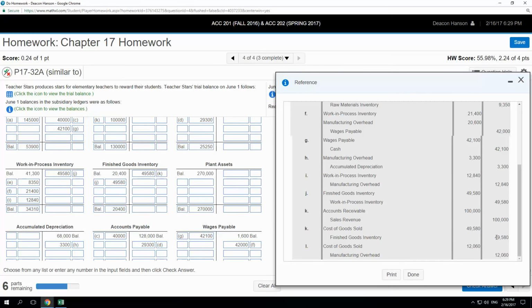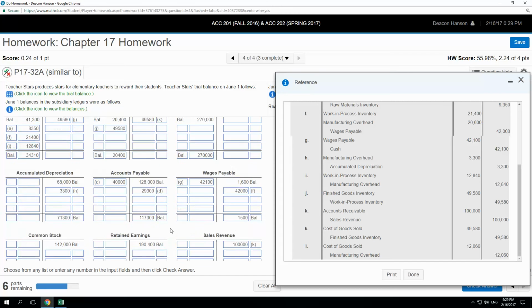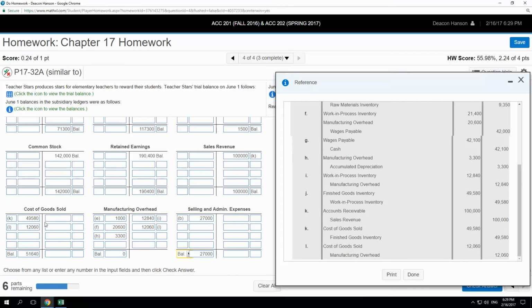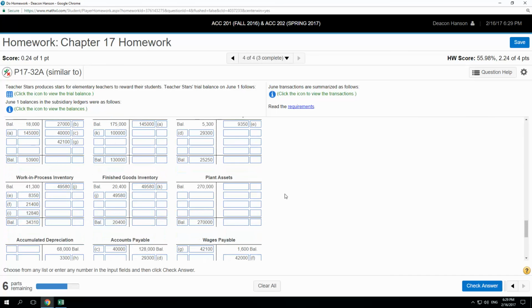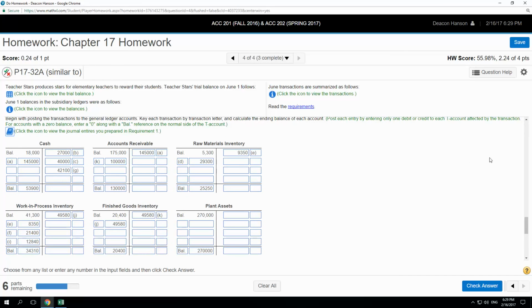Okay. And finally, cost of goods sold debit 12,060. That's L. And overhead credit 12,060. So it looks like we posted them correctly. Looks like we labeled them correctly, unless we're overlooking something, which might be easy to do.